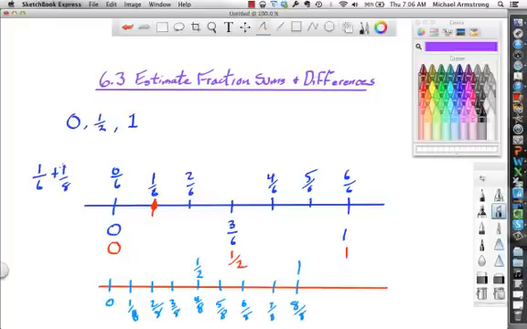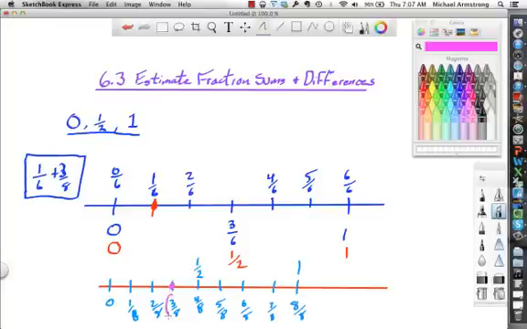Okay, now we're looking at adding 1/6 plus. Oh, if I'm looking at the book and I'm reading it right, it's not really 1/8, it's 3/8. So we're adding 1/6 plus 3/8. Now these don't have common denominators, so they don't add very well. But we're using benchmarks to estimate. So our benchmarks are either 0, 1/2, or 1. And we're estimating, not finding an exact answer. And we're rounding. So 3/8 is right here.